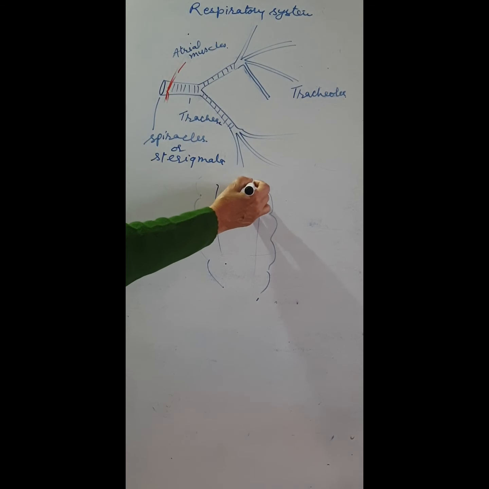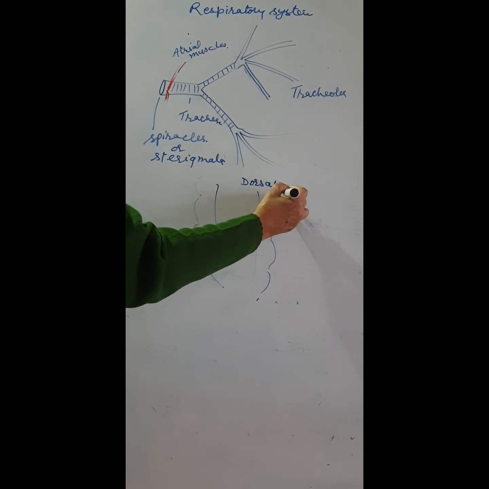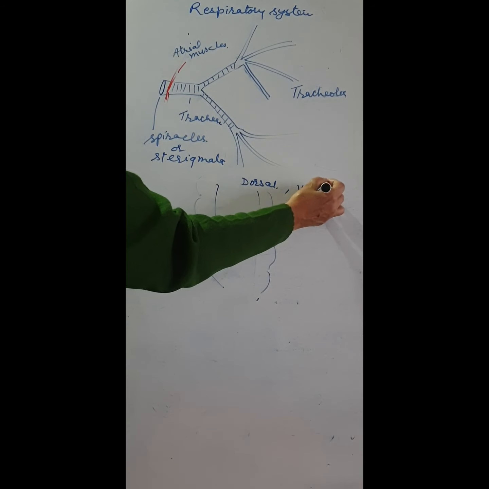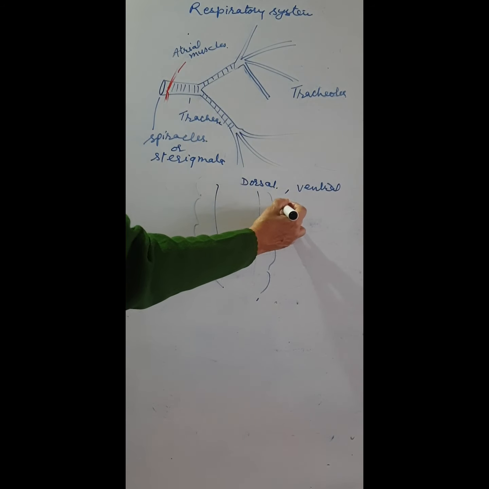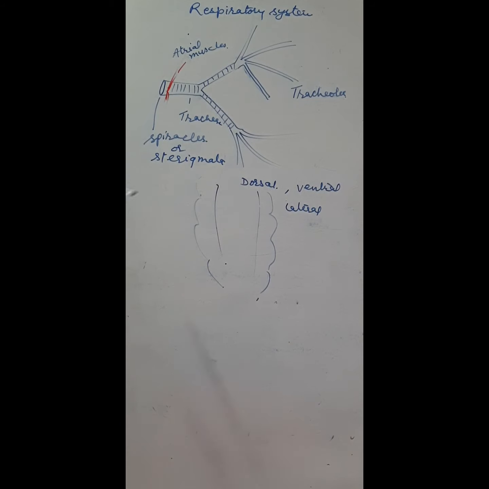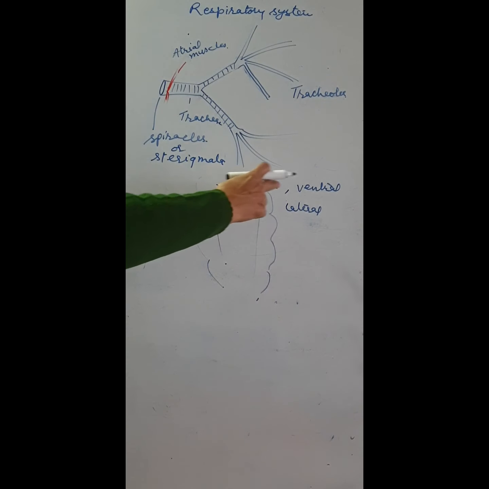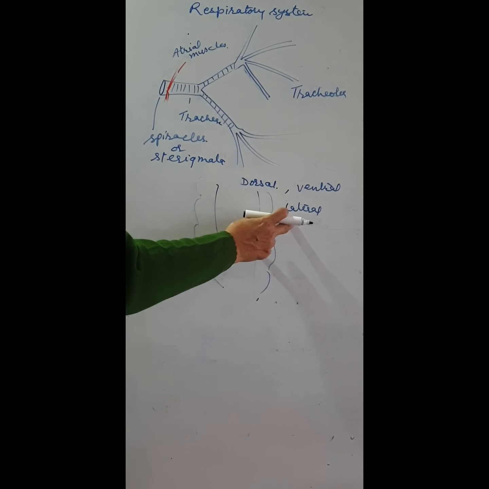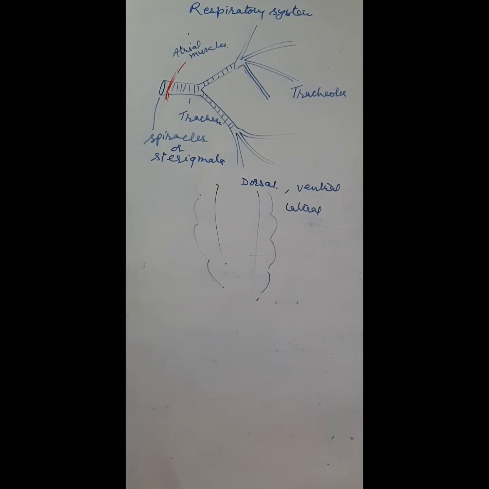One is the dorsal tracheal trunk, another is the ventral, and one more is the lateral. So the three pairs of longitudinal tracheal trunks: one is present on the dorsal side, another on the ventral side, and the lateral side.